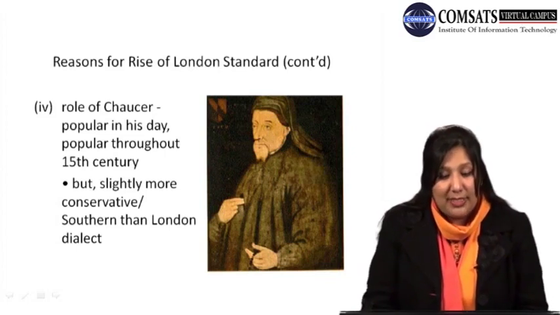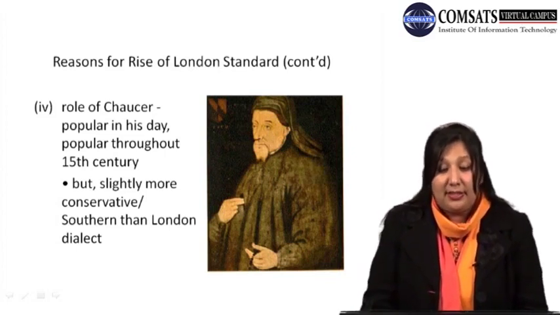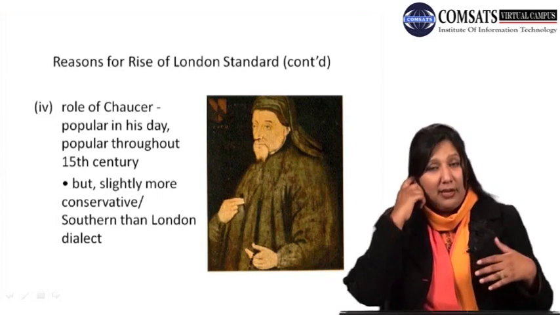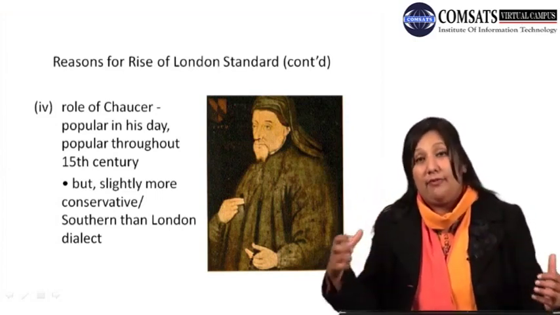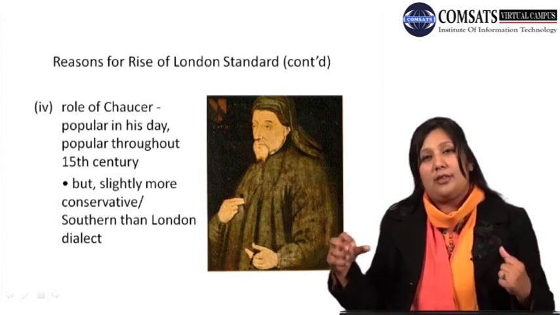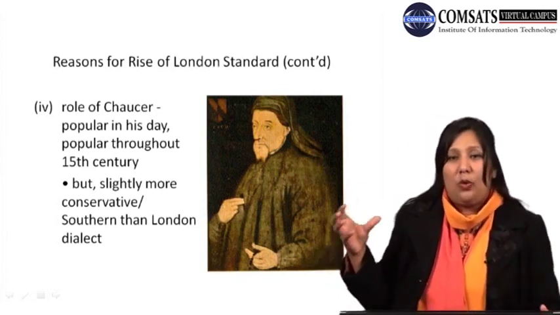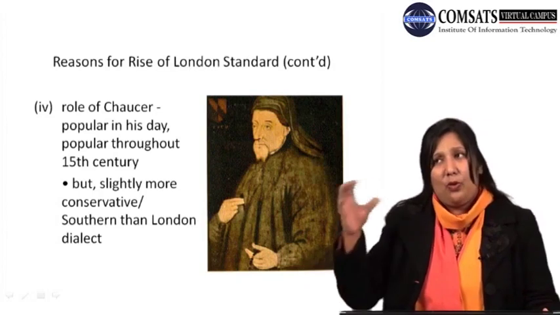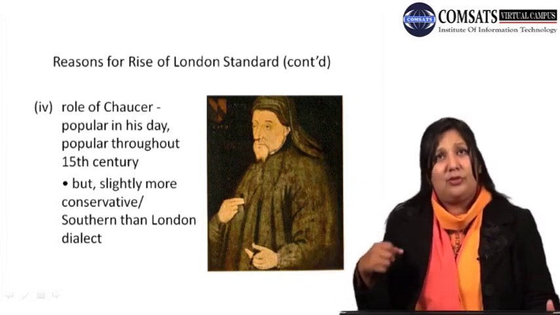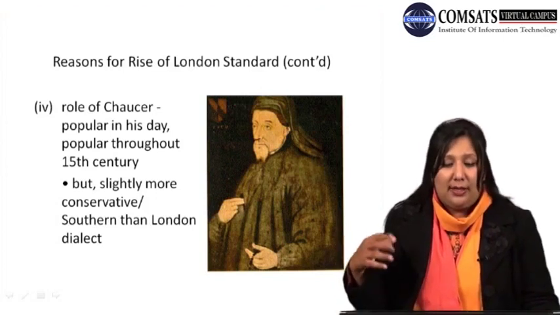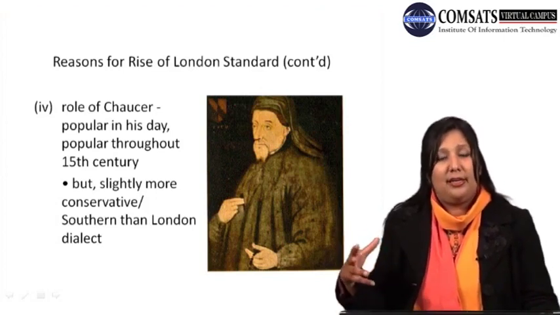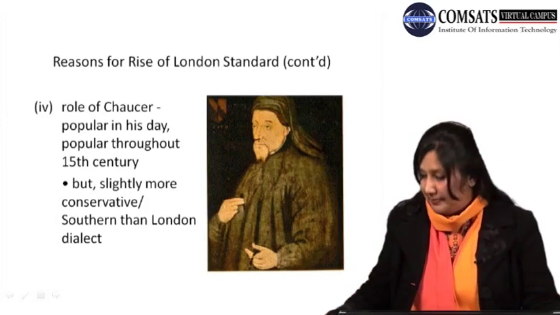He was more southern than the London dialect. He would give more emphasis to the rigidity or conservativeness of olden times, but yet he was very influential. He was very popular among the people, so his things kept spreading.